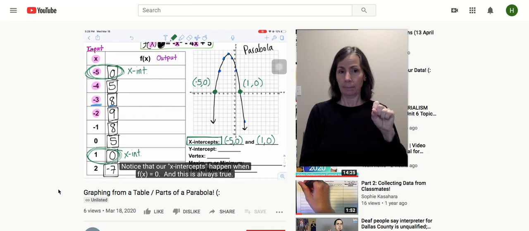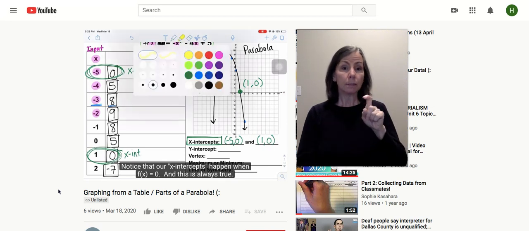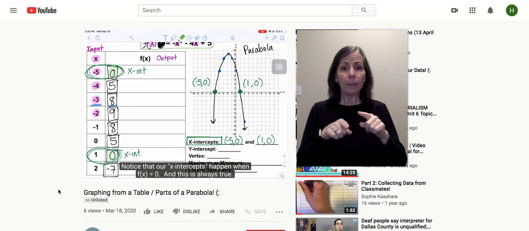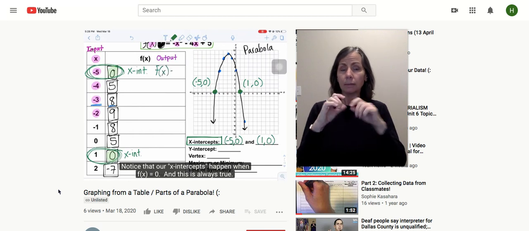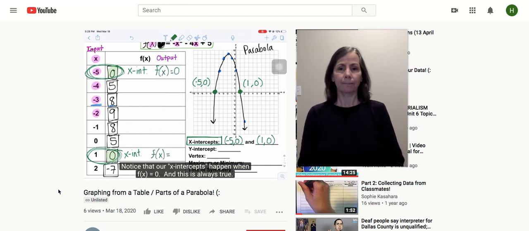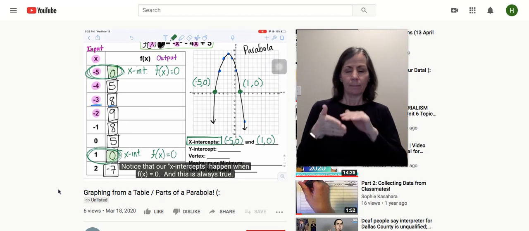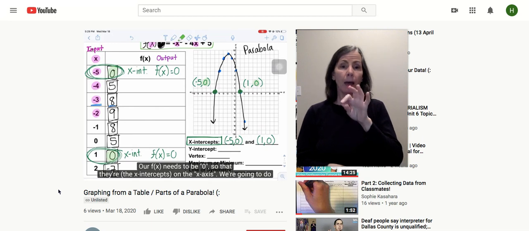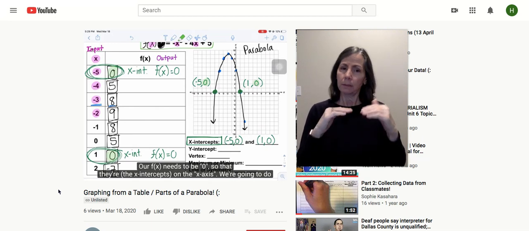Notice that our x-intercepts happen when f of x is 0. And this is always true. Our f of x needs to be 0 so that they're on the x-axis.